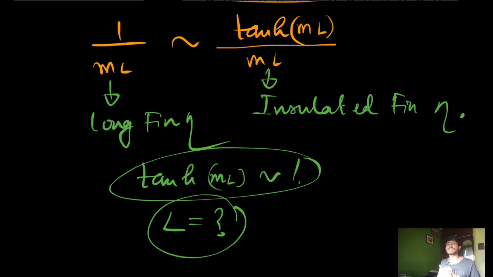You are seeing for which length these two cases, the long length approximation and the insulated fin approximation, are almost equal. Then you can go either way, either by the long length approximation or by the insulated fin. But if your length is much greater than that, then you must go through the long length approximation, because the insulated fin tip will be an unnecessary complication there.